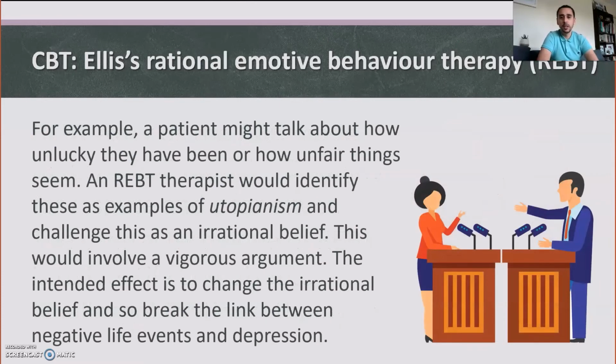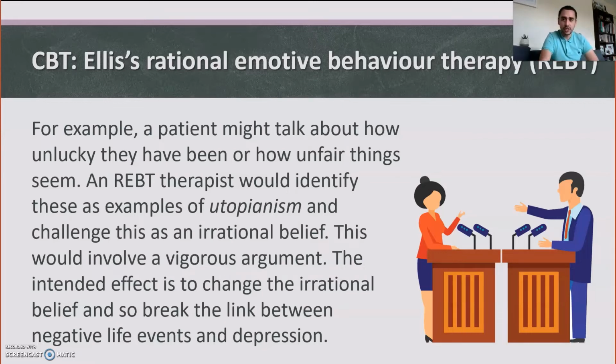For example, a patient might talk about how unlucky they have been or how unfair things seem. An REBT therapist would identify these examples as utopianism and challenge this as an irrational belief. This would involve a vigorous argument. The intended effect is to change the irrational belief and so break the link between the negative life events and depression.